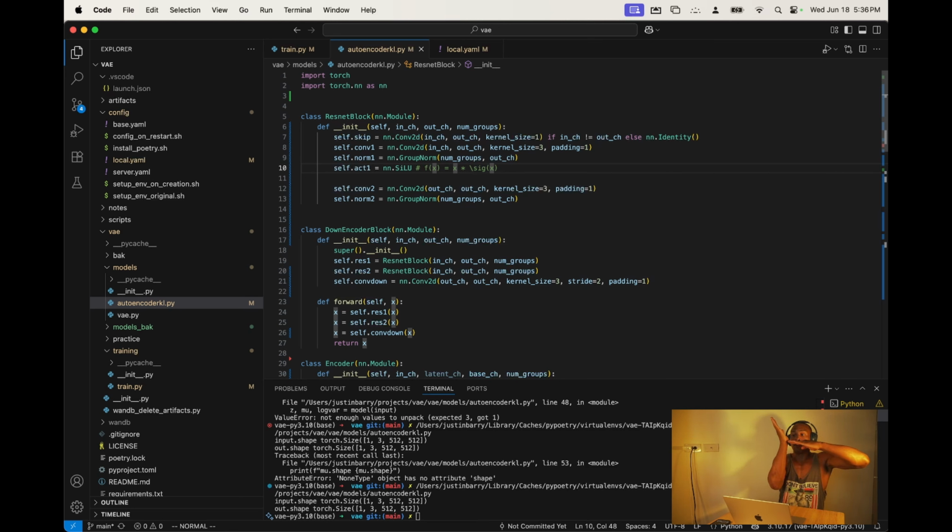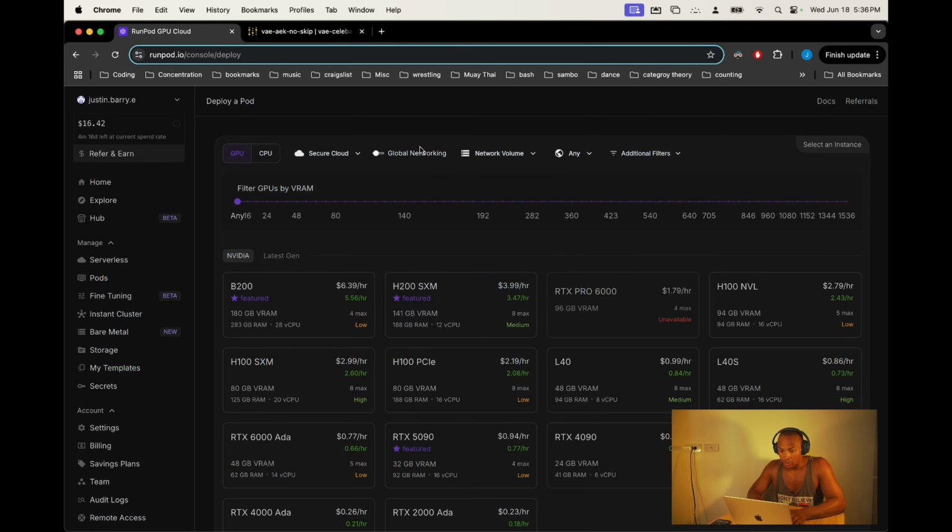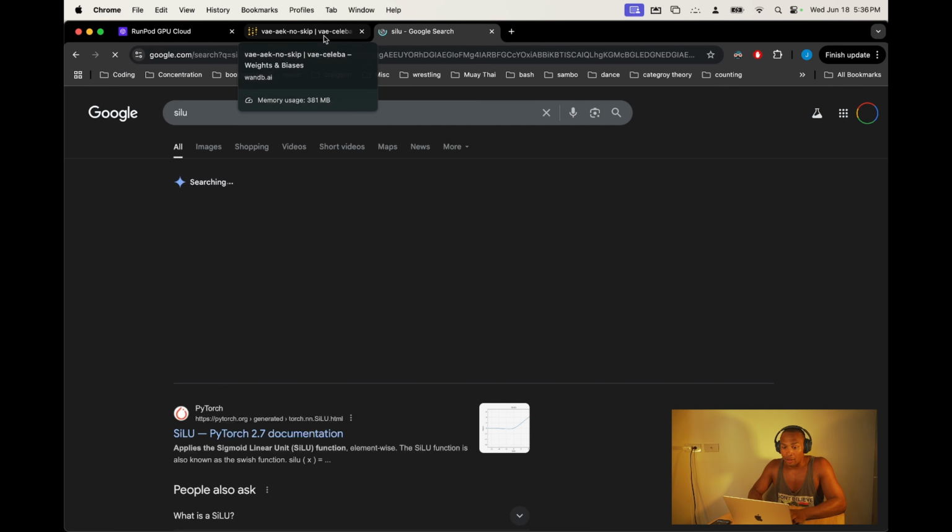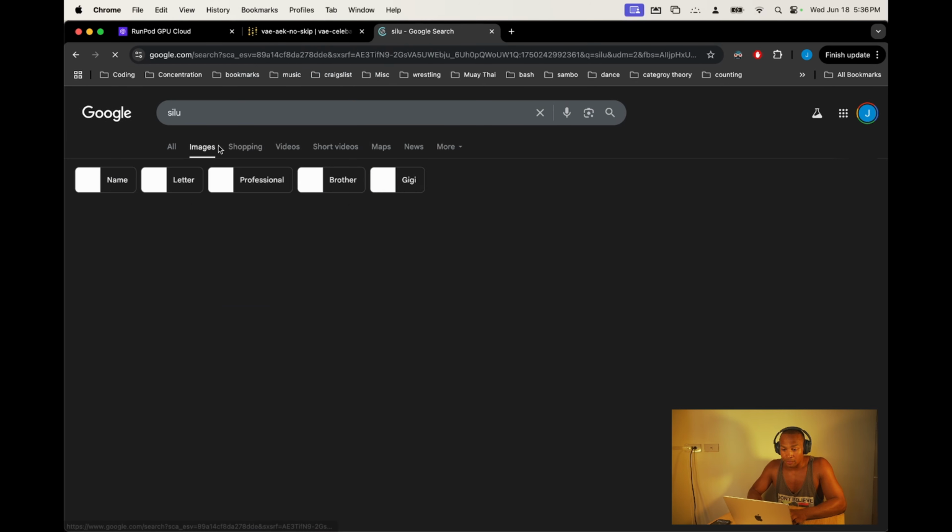ReLU has this flat line where it's not differentiable, there's no slope, so basically the neuron won't fire for certain values of x. SiLU solves that problem.